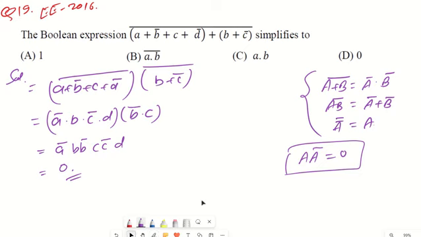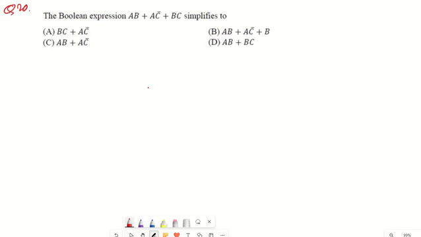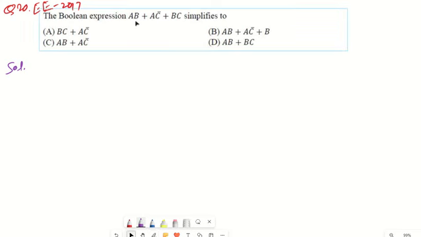Okay, let us take another question. This question was asked in Electrical Engineering 2017. Let us try to solve this. The expression given here is AB plus AC bar plus BC, which simplifies to which of the following terms? So can we write it down?